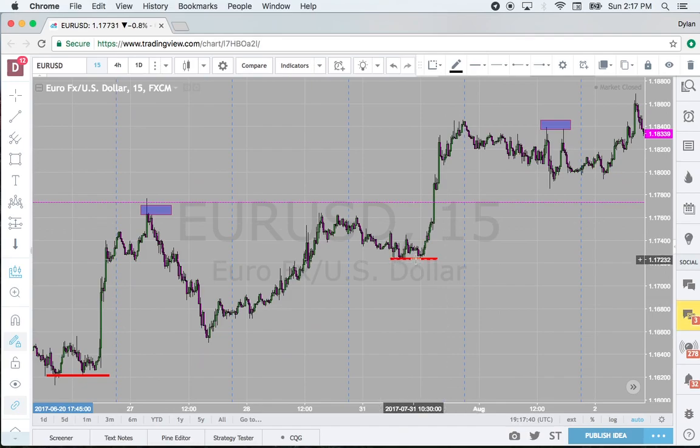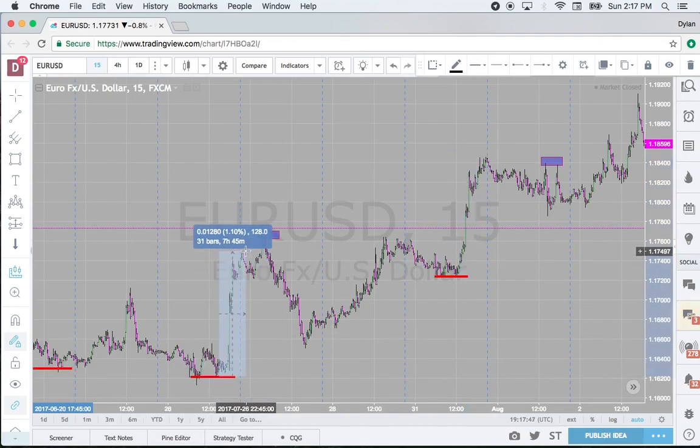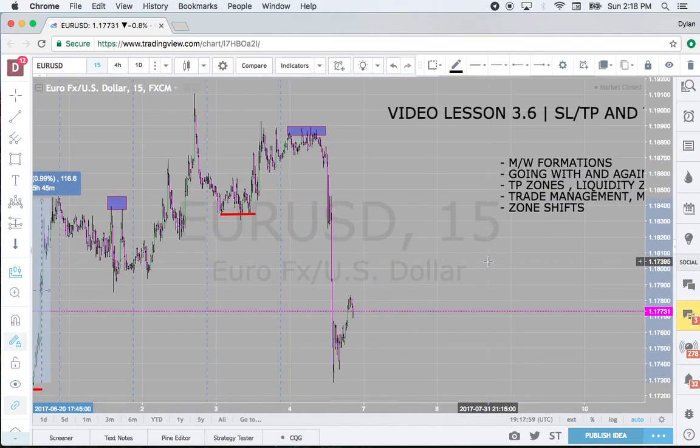So all the red ones, and then look at the almost instant profit, and then a massive profit. They're massive trades, you guys, massive moves when you go with the trend.